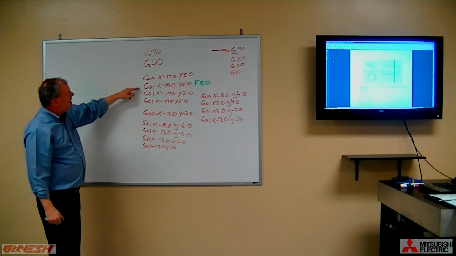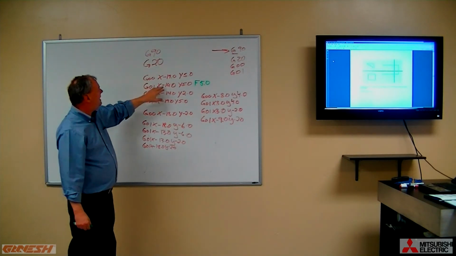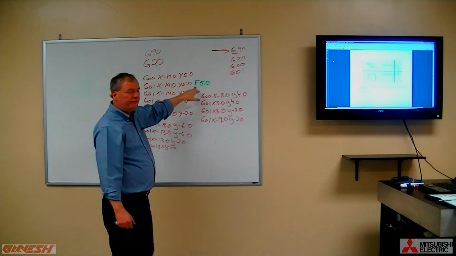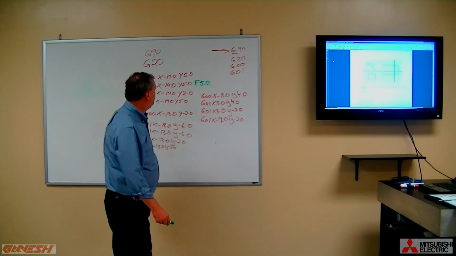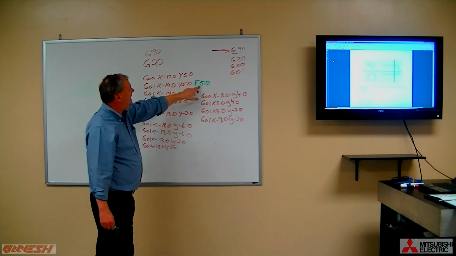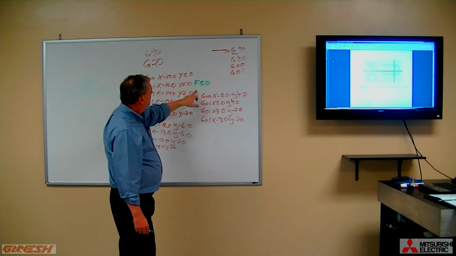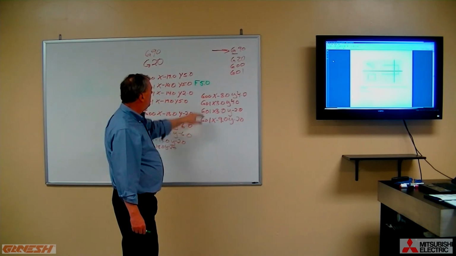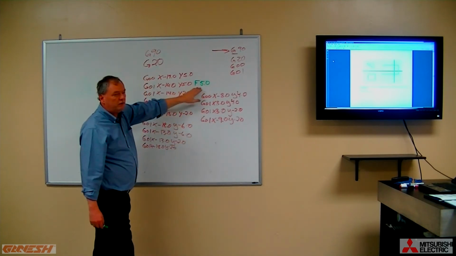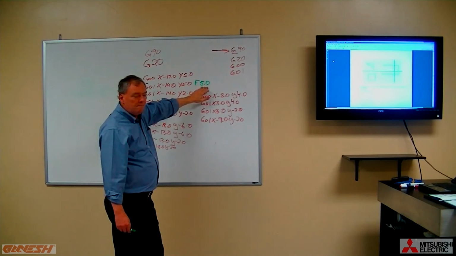So now our line becomes not only G01 X address, Y address, but the F address, which is a feed rate per minute. And once we say F5.0, we don't have to repeat it for any of these G01s because the controller remembers what you last told it.